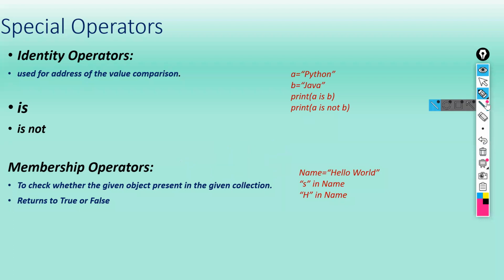So how can we understand this in Python code? I'm assigning hello world to an identifier called name. The name contains the content hello world. Now my question is, yes in name. Who is name? Hello world.